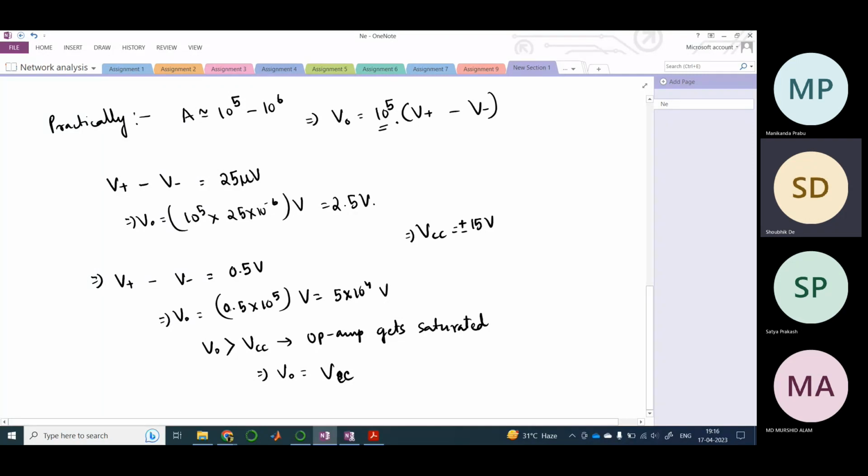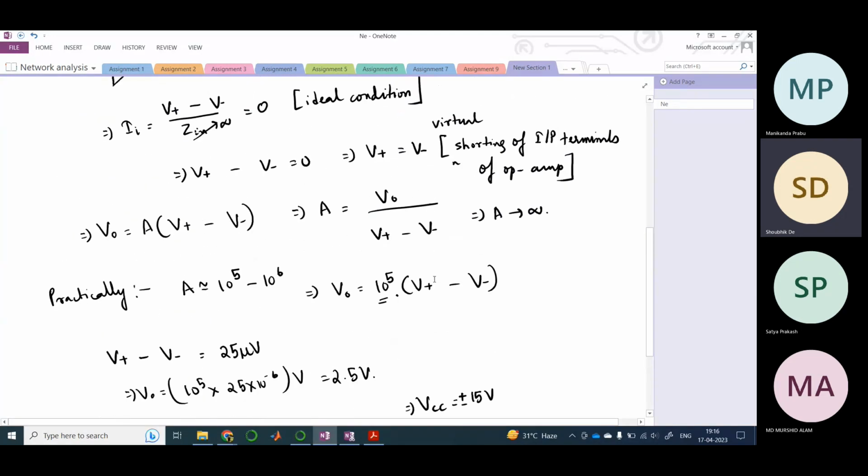That is why we don't use the op amp in open loop configuration: if we apply any voltage at the inverting and non-inverting terminals, surely there would be some difference, and V0 would be large because of the large open loop gain. We saw A is 10 to the power 5, and if the output exceeds VCC, the op amp gets saturated. So that is why we use the op amp in closed loop or feedback configuration.